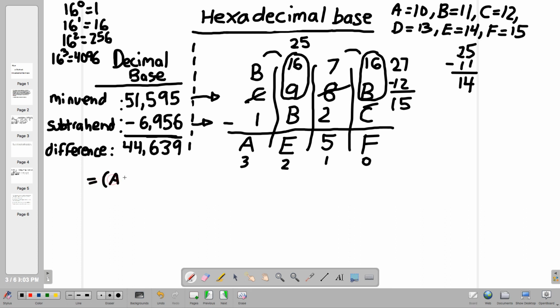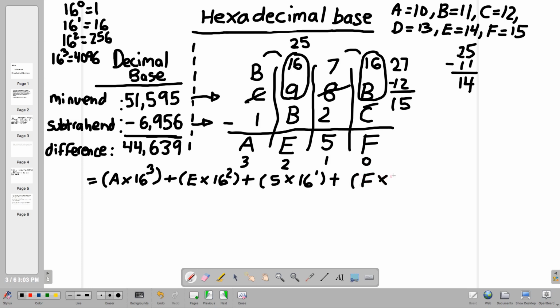This is the same as saying A times 16 to the third power, because the letter A is in the third position, plus E times 16 to the second power, plus 5 times 16 to the first power, plus F times 16 to the 0 power.